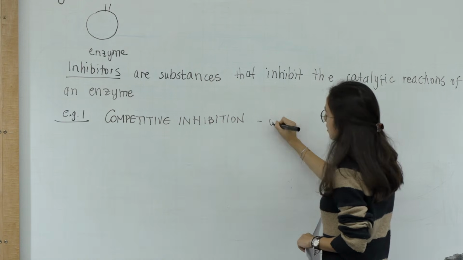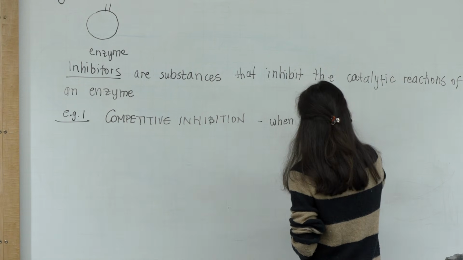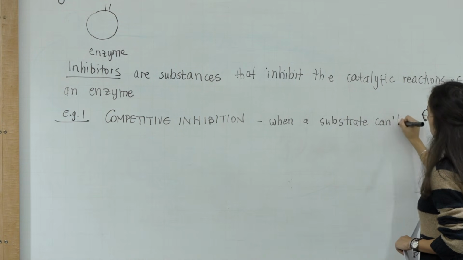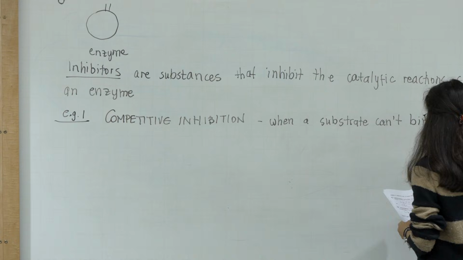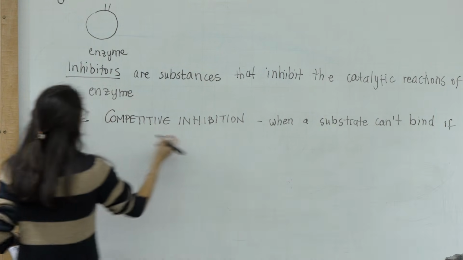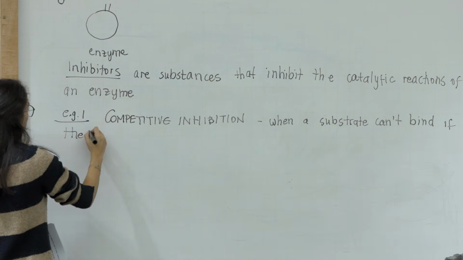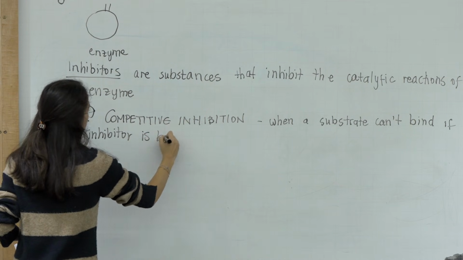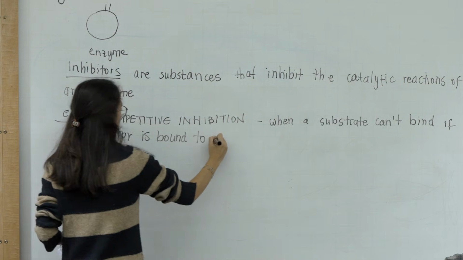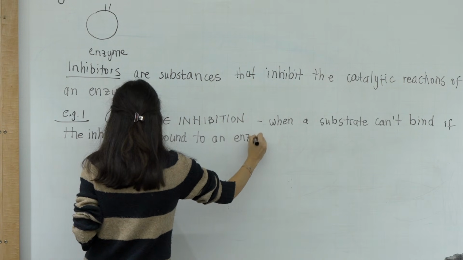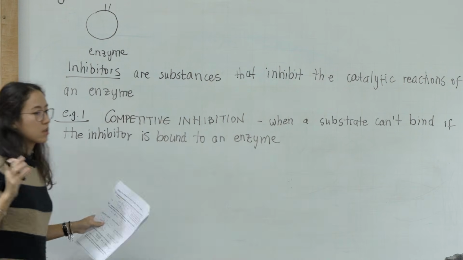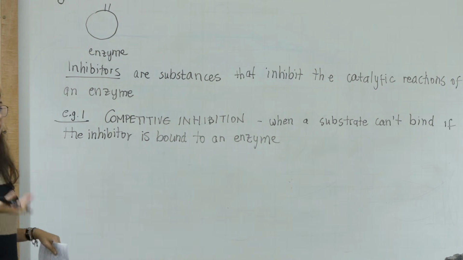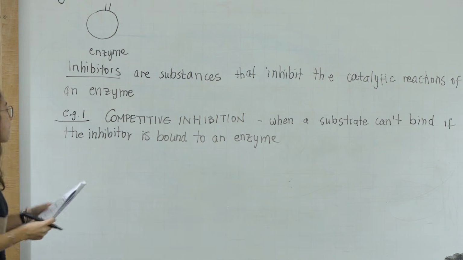So this is when a substrate cannot bind if this inhibitor is bound to an enzyme. So as I said, this is when a molecule is similar in structure to the substrate that we want to break down, and it doesn't allow the substrate to bind on the active site.